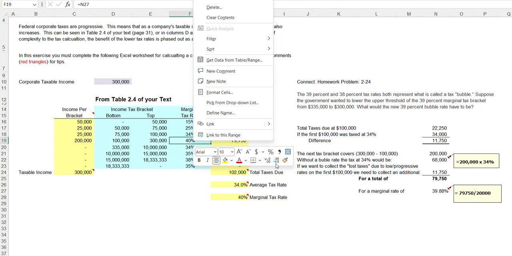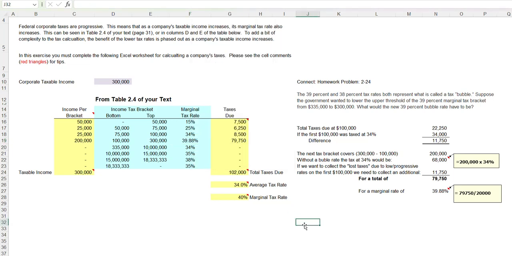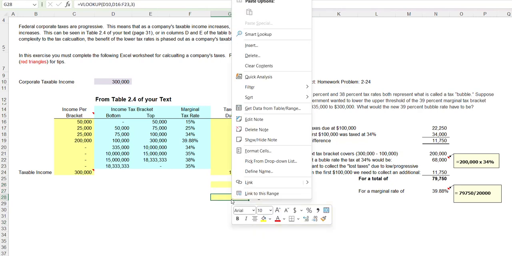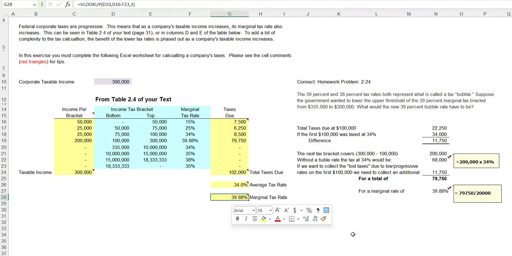Let's just show you that that is the 39.88%. And notice, there's our average tax rate. Okay, and again, the marginal tax rate, let's increase our decimals on there. That was our 39.88. So that's how you would solve that particular question related to the bubble rate.